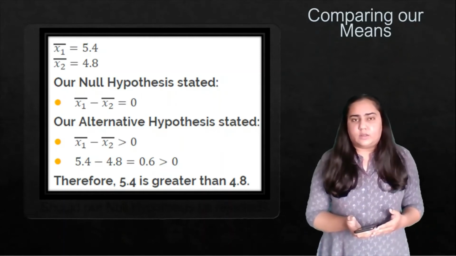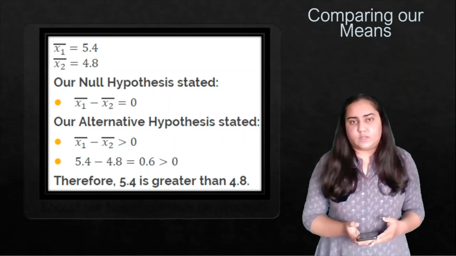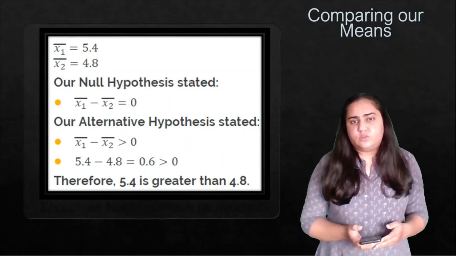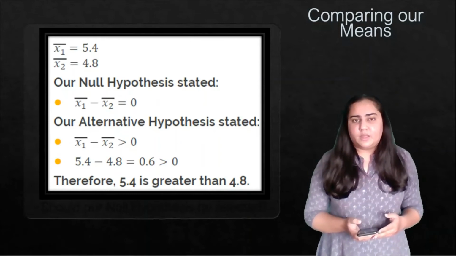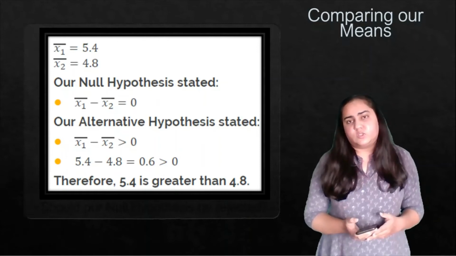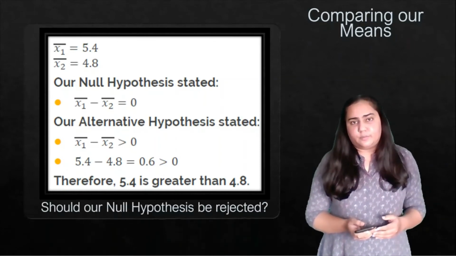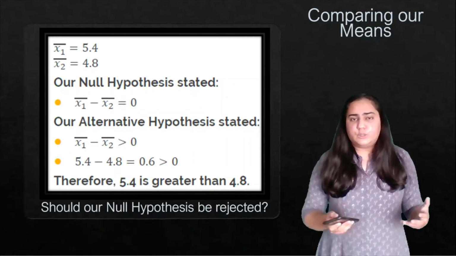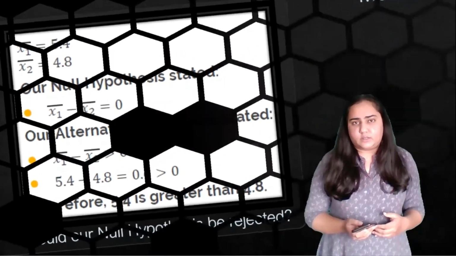And that's why the difference, x̄1 minus x̄2, would be greater than 0, which is true in our case. 5.4 is greater than 4.8, and 5.4 minus 4.8 gives us 0.6, which is greater than 0. So we are comparing the means first of all. Now, based on this, should our null hypothesis be rejected?